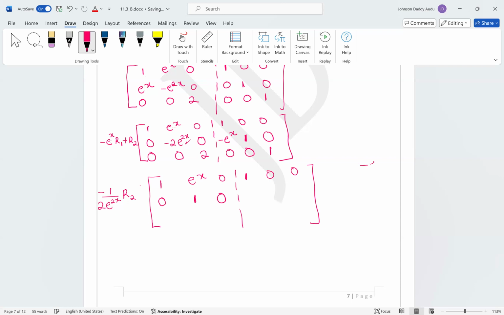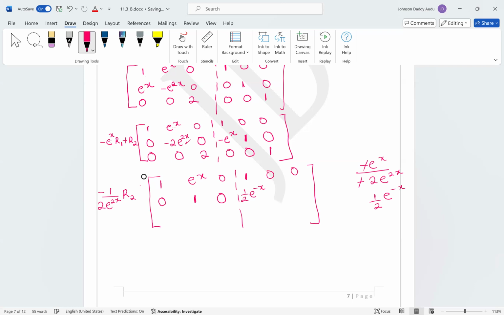So you have minus e^x over minus what? 2e^(2x). Minus and minus will go. And so what is left here is just going to be 1 over 2 e to the power minus x.